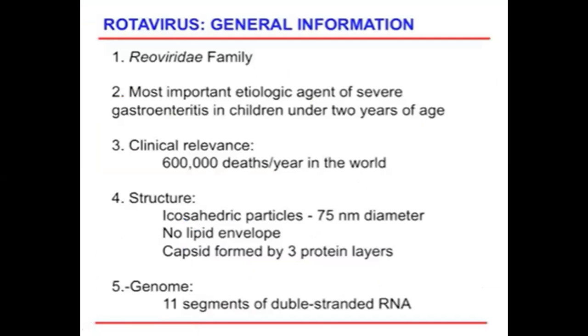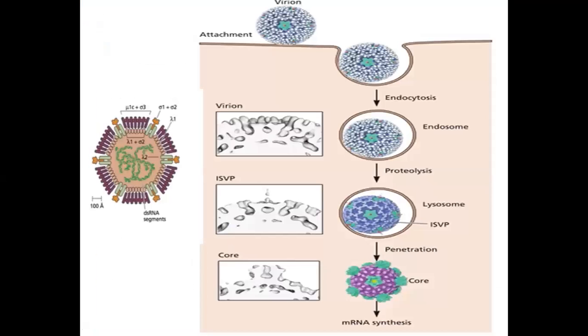Wow! And this particular virus is providing us another piece of information here, how this virus is going to attach to the particular receptors present on the cell membrane, and then an endosome is formed, and then proteolysis, and then the lysosome is fused with the endosome.